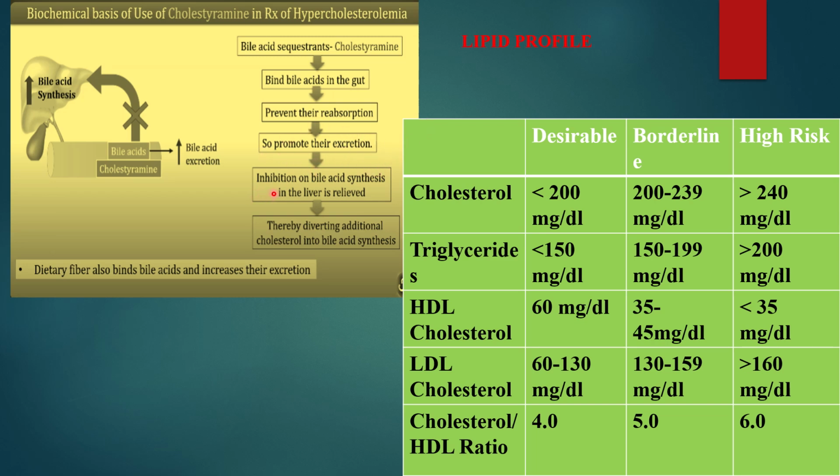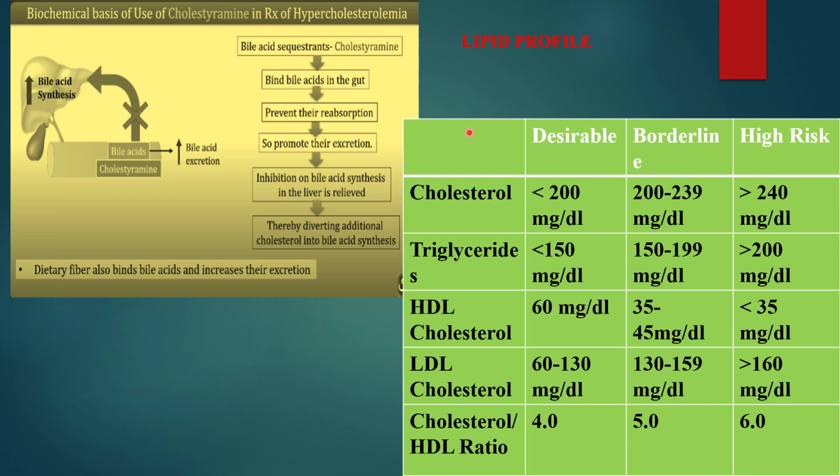It also leads to inhibition of bile acid synthesis in the liver, thereby diverting additional cholesterol into bile acid synthesis. Dietary fibers also bind bile acids and increase their excretion. This is how we can lower the concentration of cholesterol in the blood.